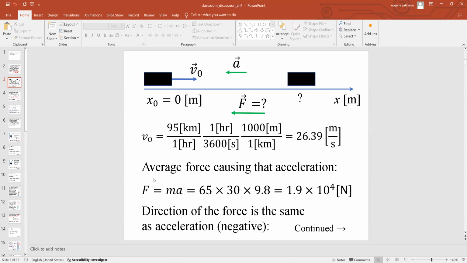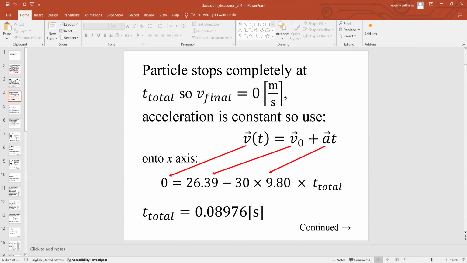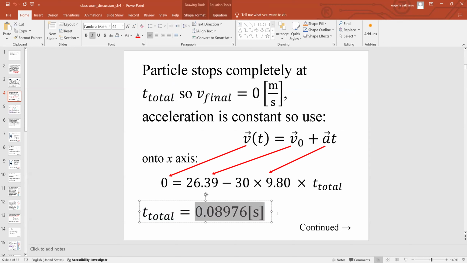Why is it negative? Because acceleration is to the left. My positive x is to the right, and acceleration is in the opposite direction. So this plus a vector means minus a as a number, times the total time for that travel. You can solve for time. See, the time is less than a fraction of a second.